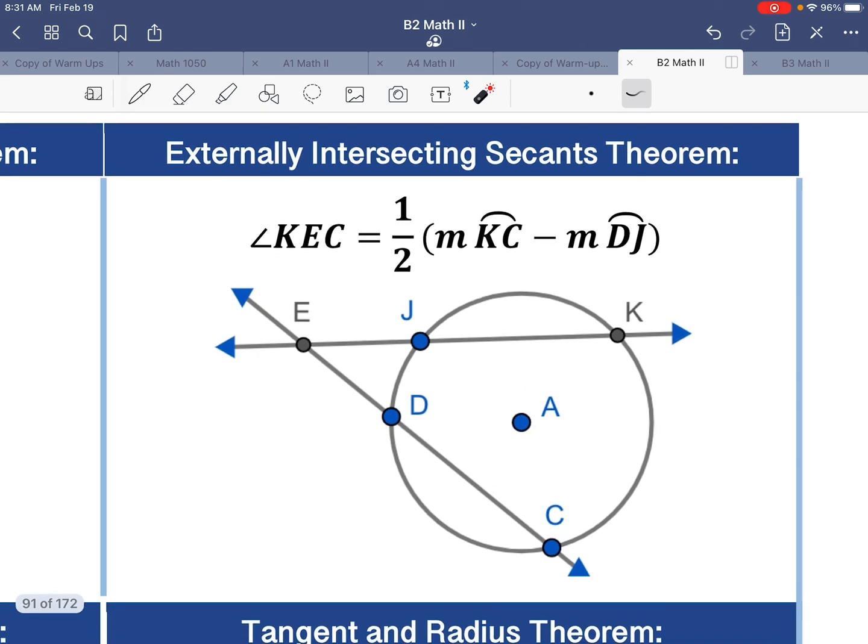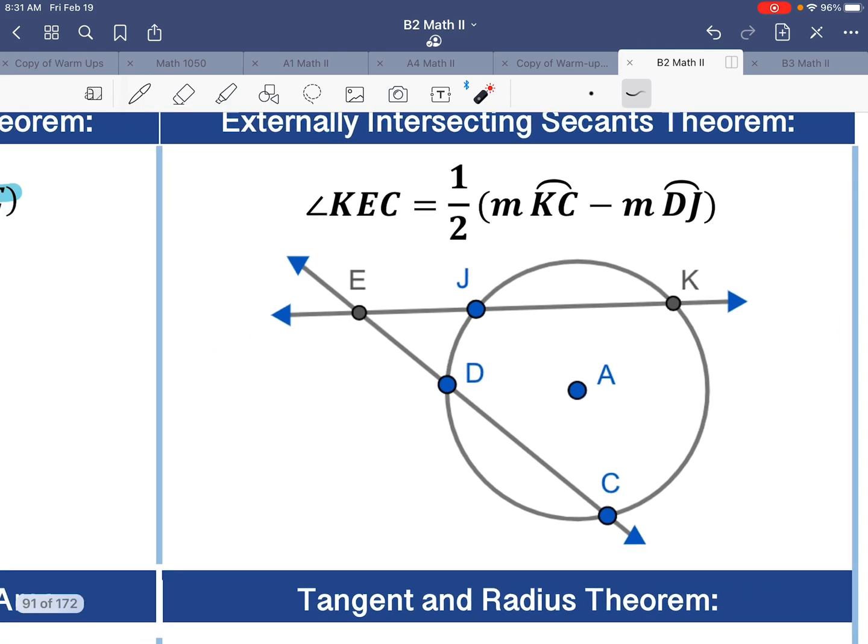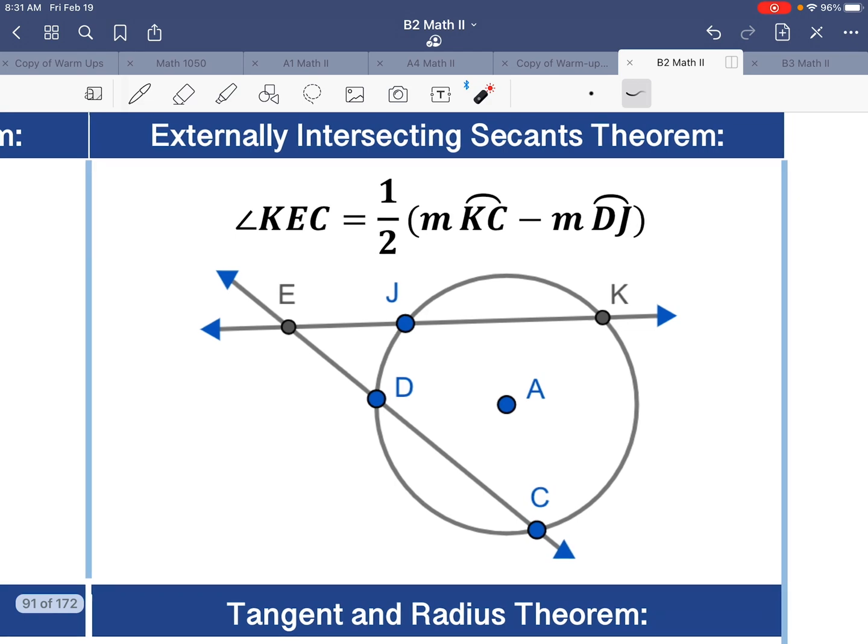Now we have externally intersecting secants, which means the lines are intersecting outside of the circle instead of inside. We're going to use this angle. So angle KEC is this angle inside of here. I will highlight it. Angle KEC.